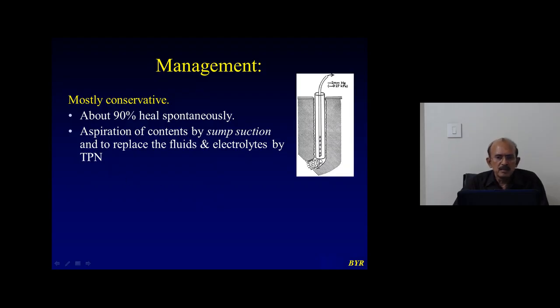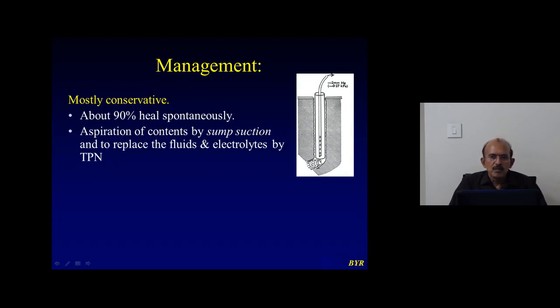For example, if there is injury to the tail of the pancreas, usually during splenectomy operation, if you are not careful enough to protect the tail of the pancreas, the tail also will be included in the clamps. So when the pancreas tail is also cut, there will be leakage of enzymes from the pancreatic tail, and that causes pancreatic fistula.